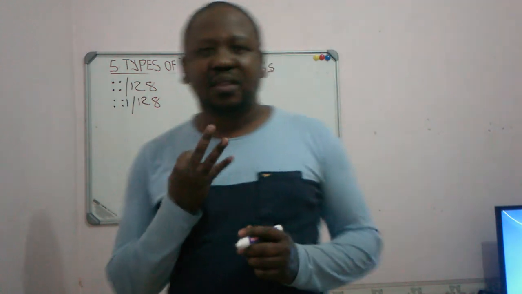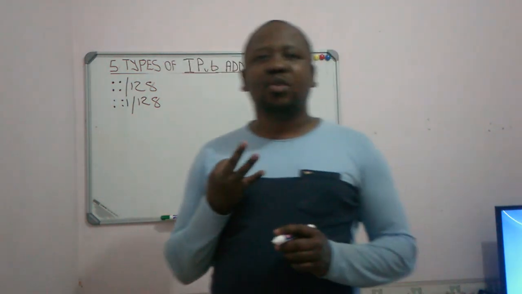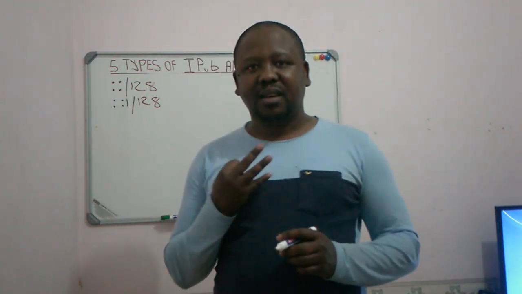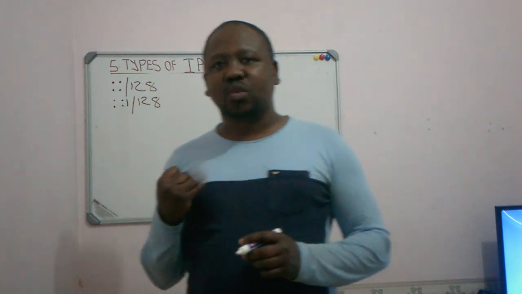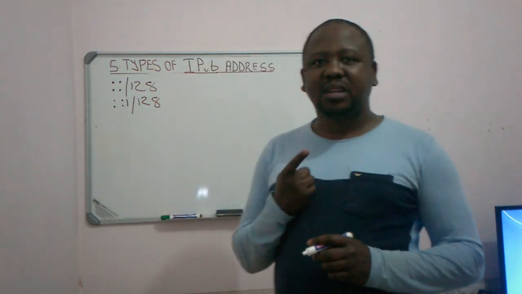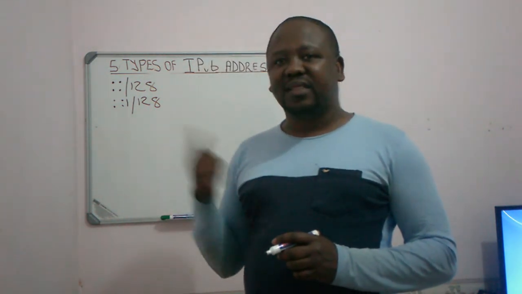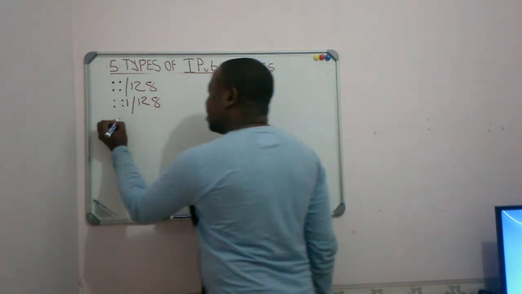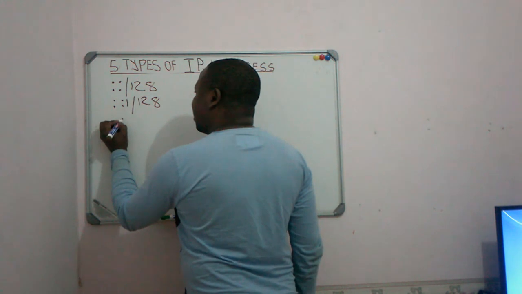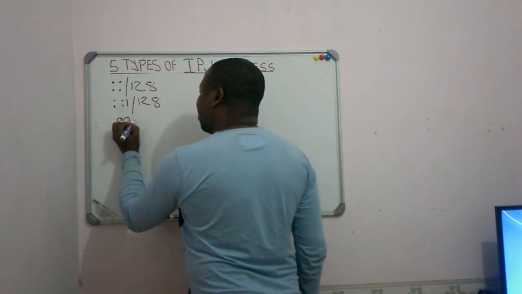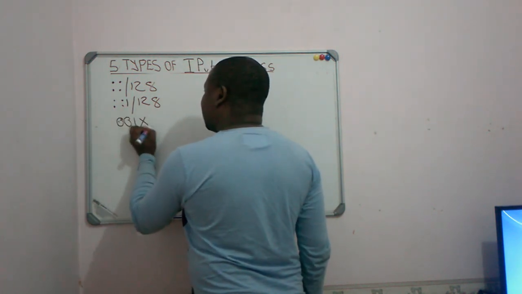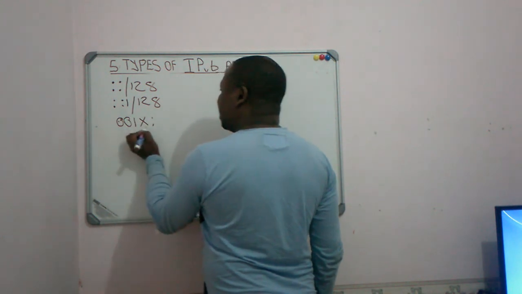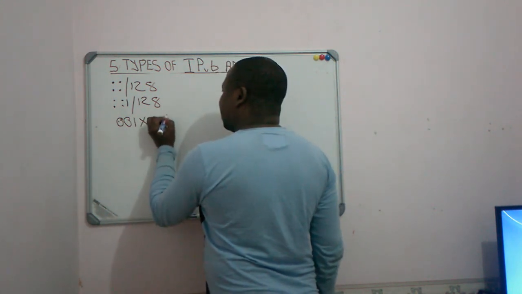The first 3 bits in our global address are always 001, with the 4th bit being either 0 or 1.